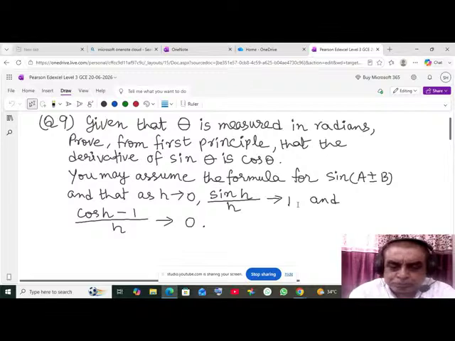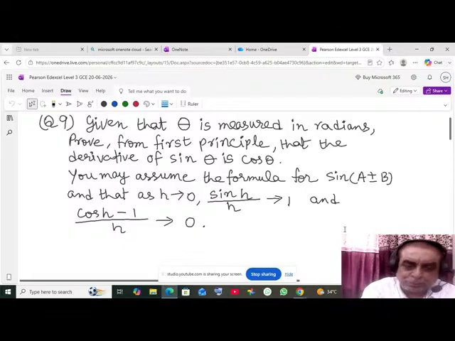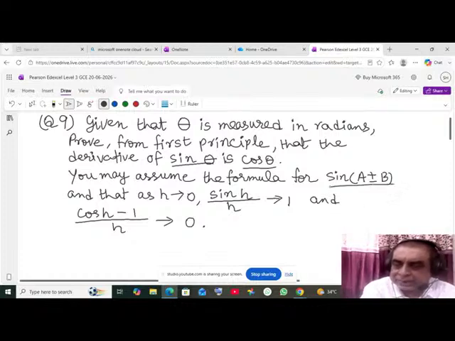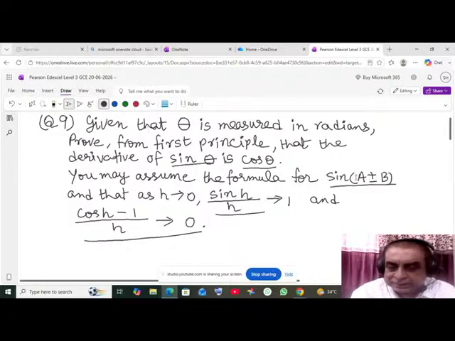You may assume the formula for sine of A plus or minus B, and that as h tends to 0, sine h by h tends to 1, and cos h minus 1 divided by h tends to 0.